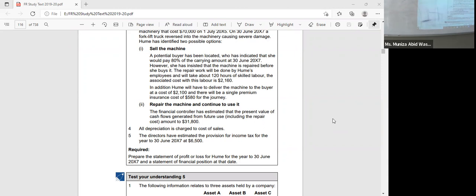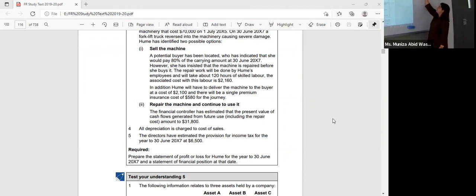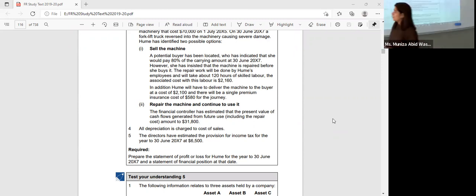So Hume, statement of profit or loss for the year ended 30th June 2007, and your year is 1st July 2006 to 30th June 2007. And you are required to prepare the statement of financial position as well.